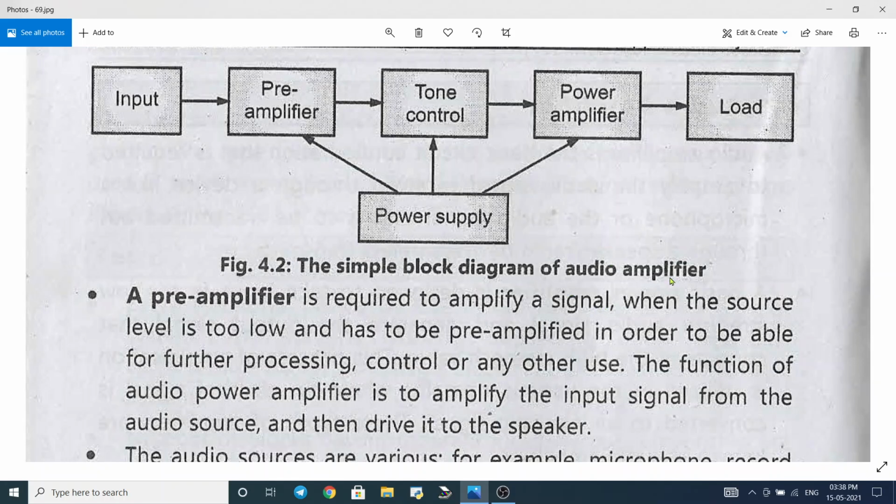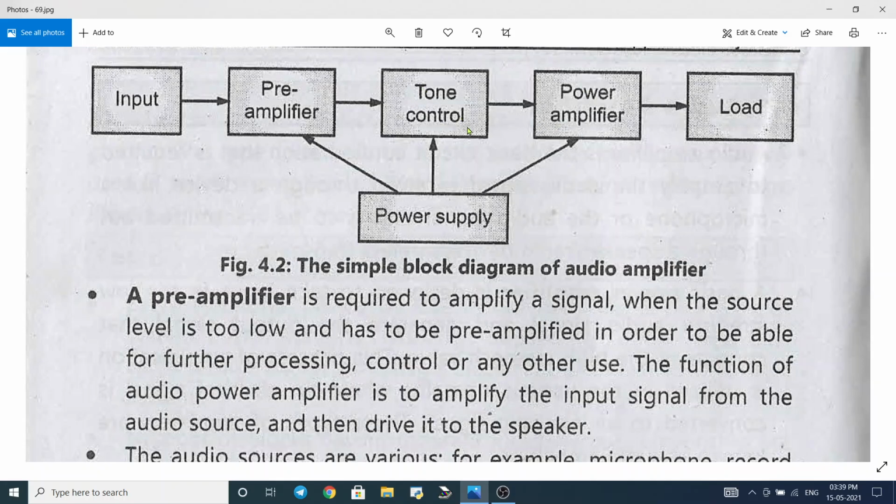We may call it simply audio amplifier or audio power amplifier. So an electronic system means what? It uses a number of circuits or circuit stages.